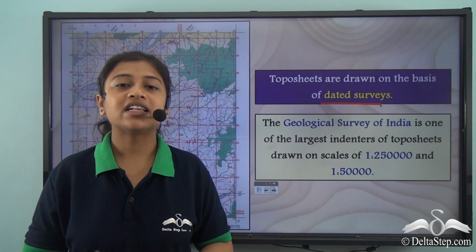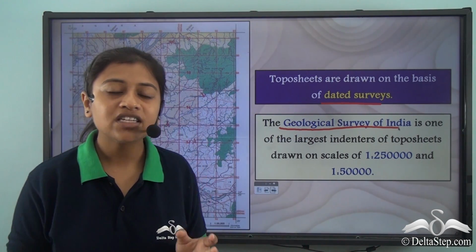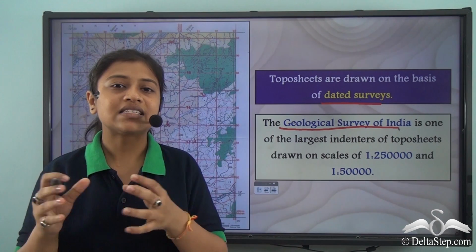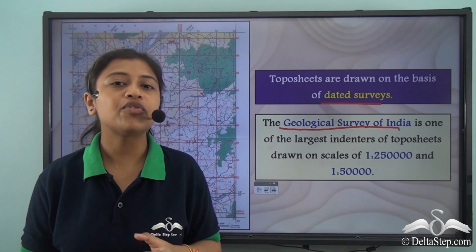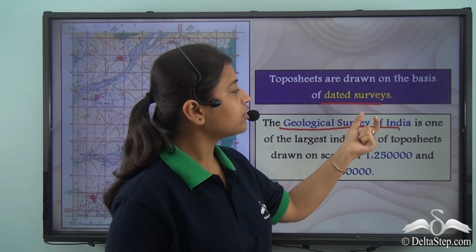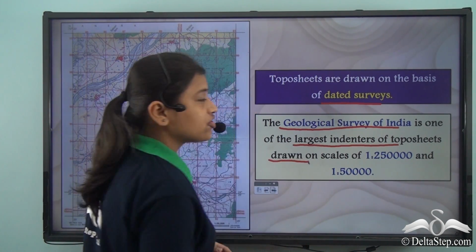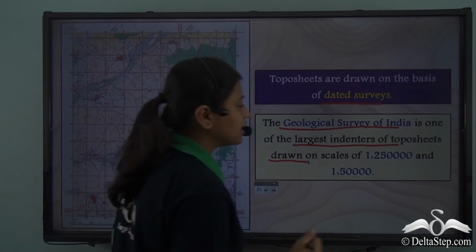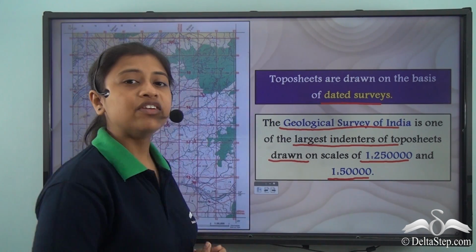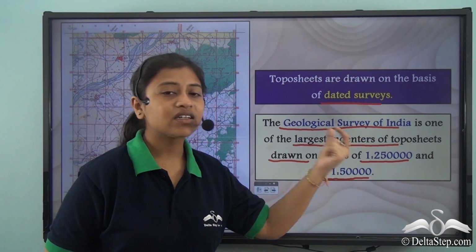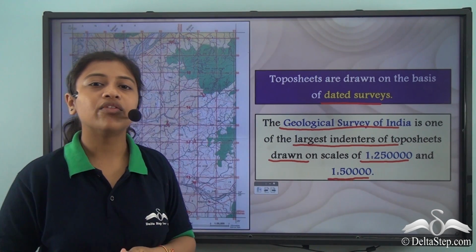There are certain scales that have been set by the Geological Survey of India. That is the head of the geological department, which sets scales and standards for the drawing and creation of these topo sheets or topographical maps. So, the Geological Survey of India is one of the largest indenters of topo sheets, which are drawn on scales, most particularly 1:250,000 and 1:50,000, which only means that 1 centimeter on the map will be equal to 250,000 centimeters on the real ground.